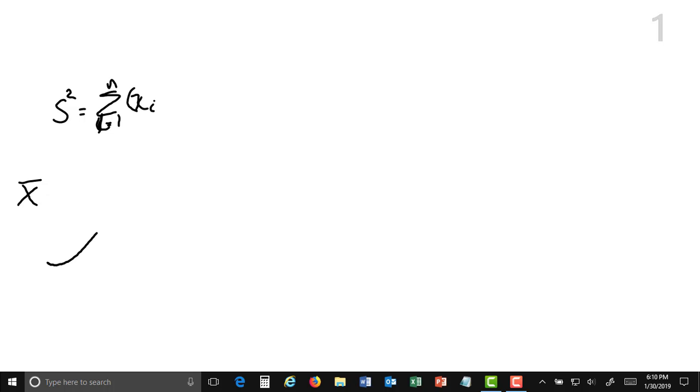If I have a distribution, and this is my sample mean, and the histogram indicates that it looks like a bell curve. If I want to go out to see a measure of spread, that's going to be S, an S this way and S that way. So if your deviation is small, you would expect this to be pretty tight around the sample mean.